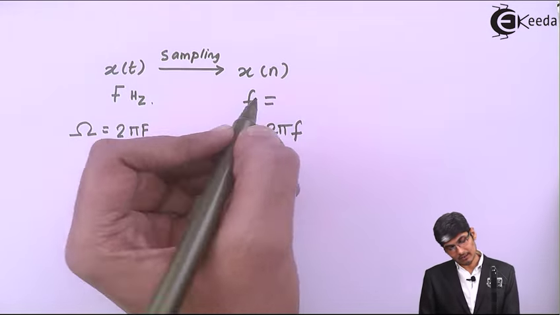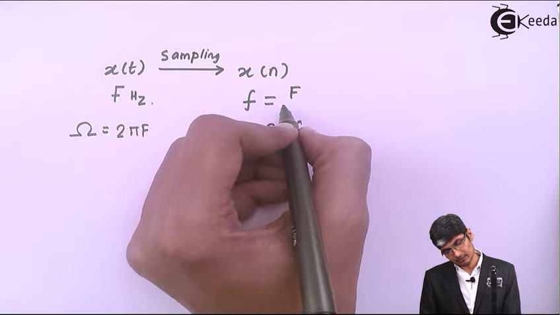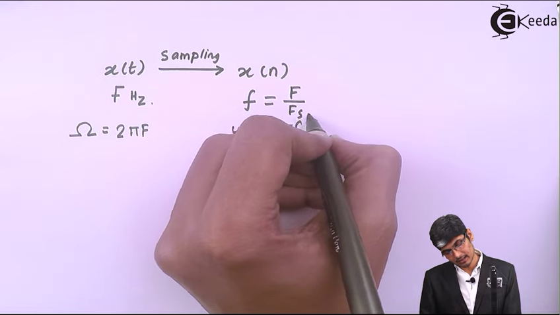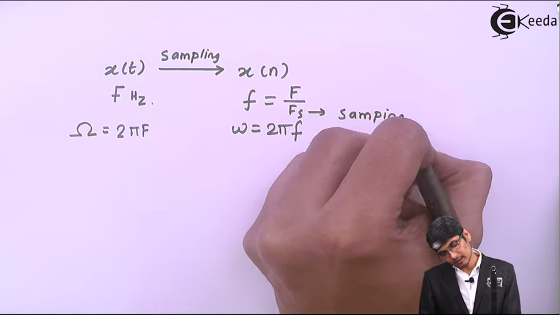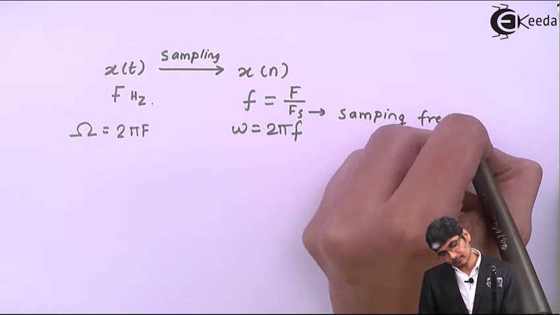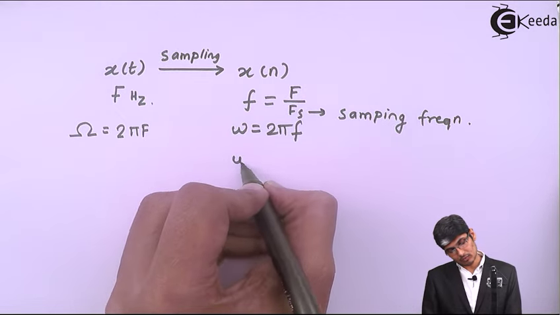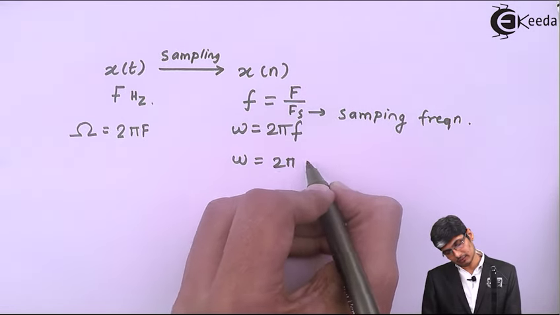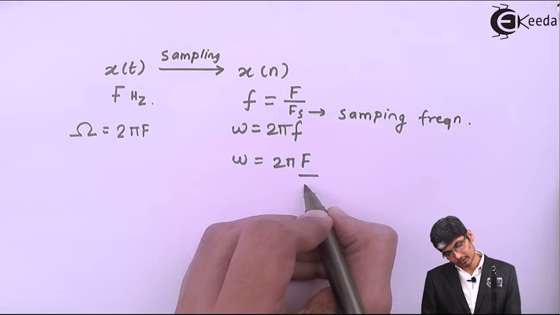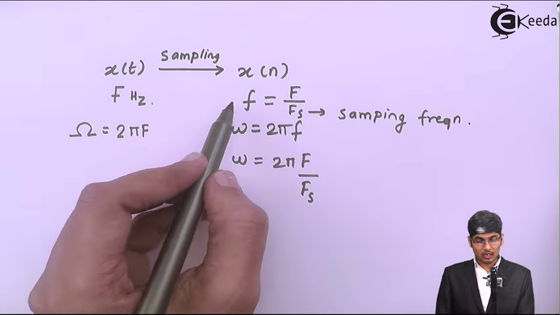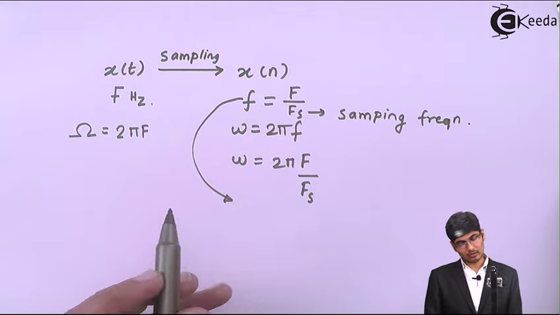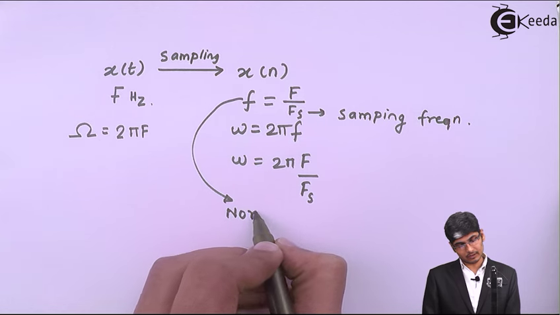The small f is given as capital F divided by Fs, the sampling frequency. So I can write omega as 2 pi times capital F divided by Fs. This small f is known as the normalized frequency.